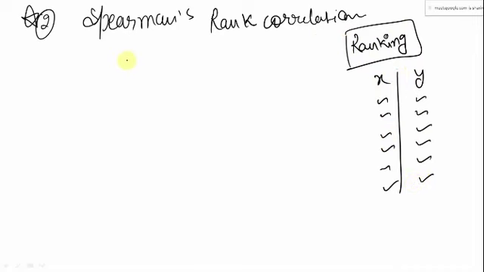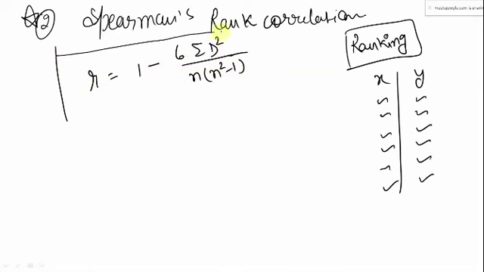So the basic formula is r is equal to 1 minus 6 sigma d square divided by n into n square minus 1. This is the first and basic formula for calculating rank correlation.